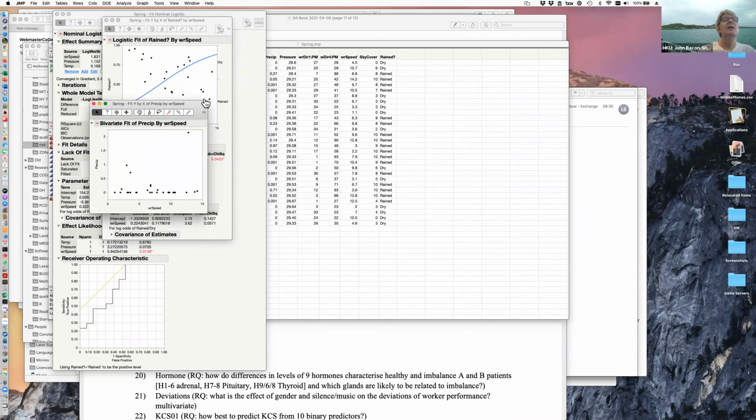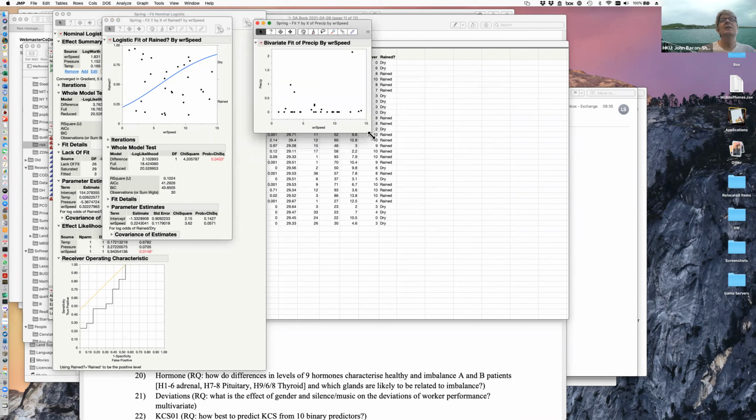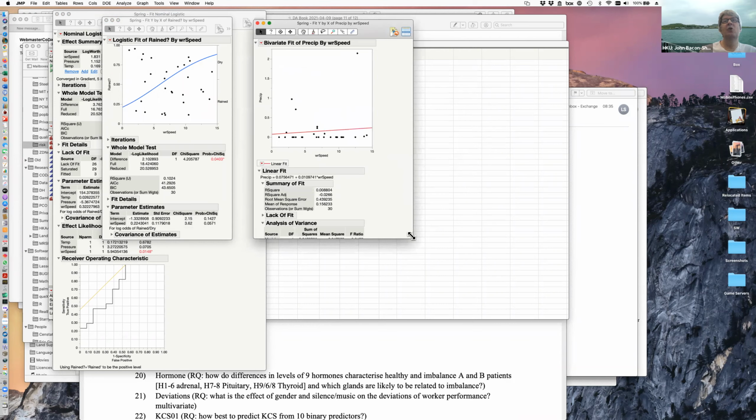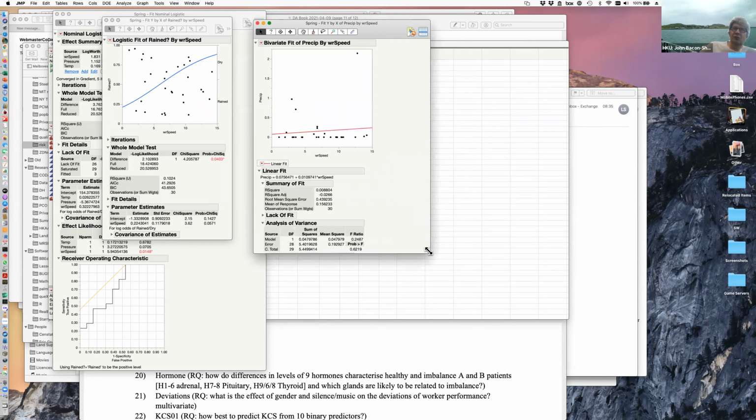Okay, so you can see that the rained or not model is based on the amount of precipitation, but this model doesn't fit at all, right? So if we just try to fit wind speed against precipitation, this doesn't work well. Arguably, one of the reasons why is because this most certainly does not follow a normal distribution, because we have lots of zeros, and this is a very skewed distribution, right?